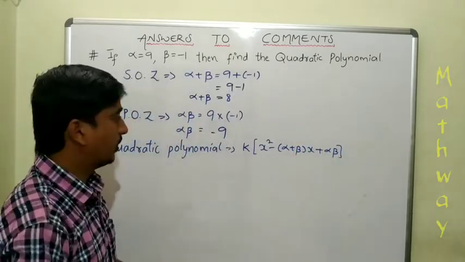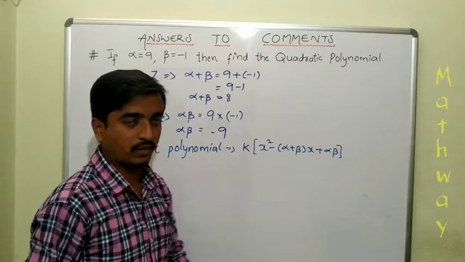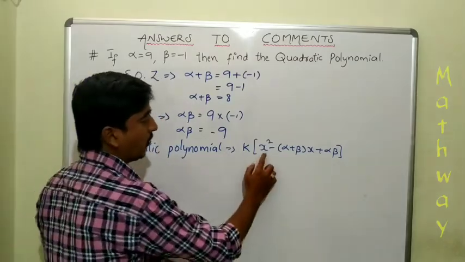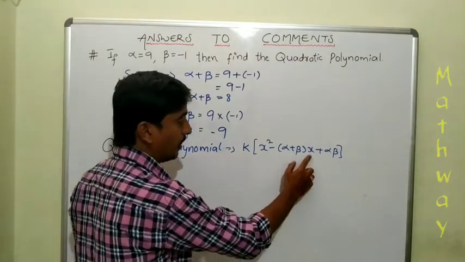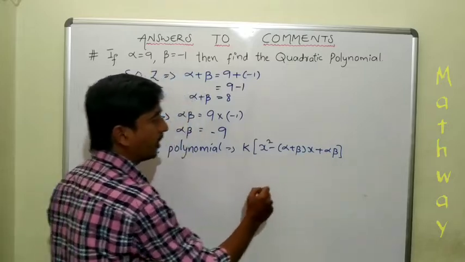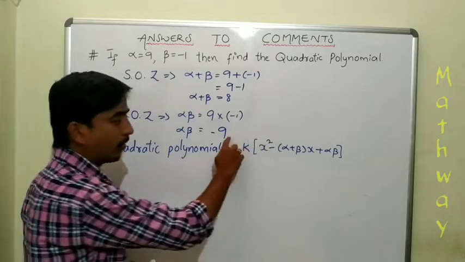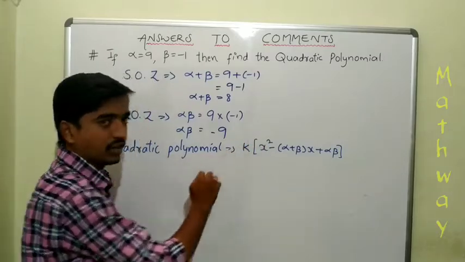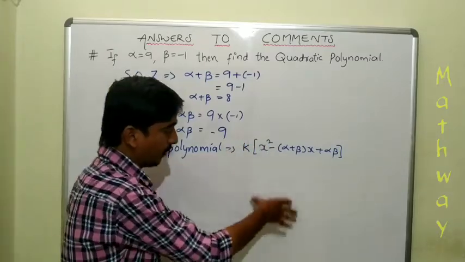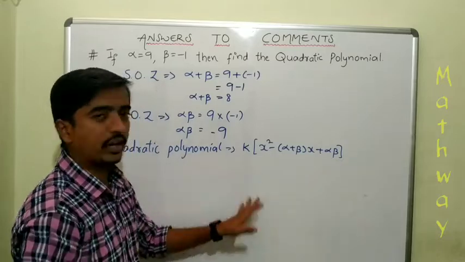It is the form to find a quadratic polynomial, that is k of x square minus alpha plus beta into x plus alpha beta. Here alpha plus beta is the sum of the zeros and alpha beta is the product of the zeros. Here k is the constant. After simplification, we can take k as any constant.